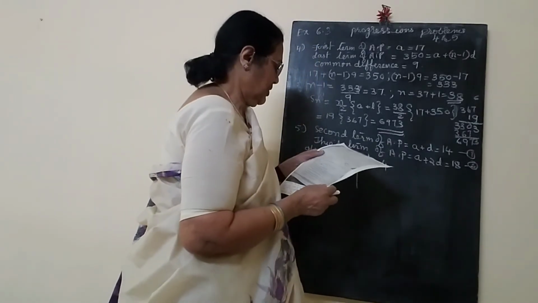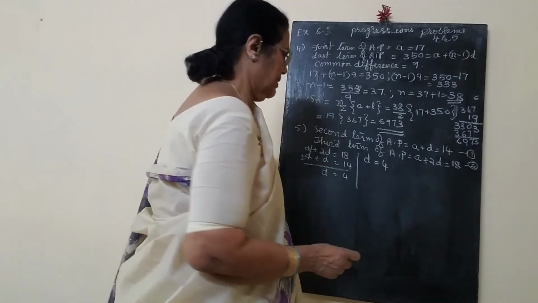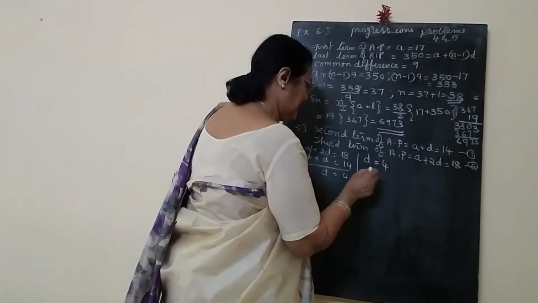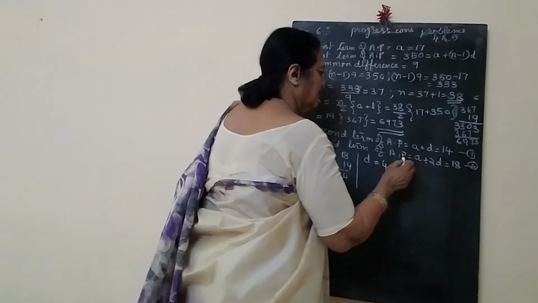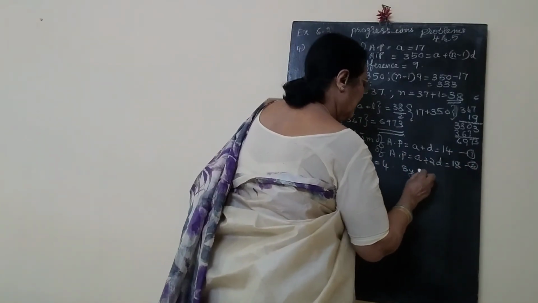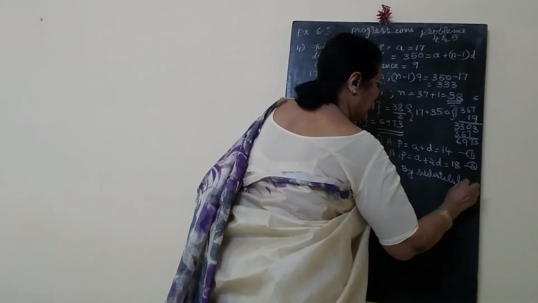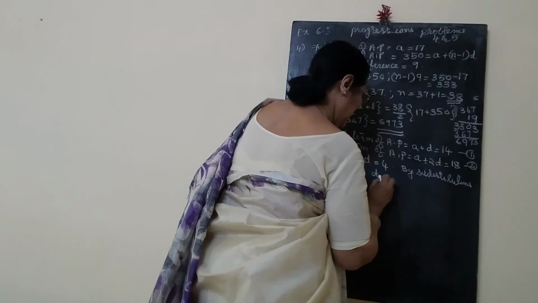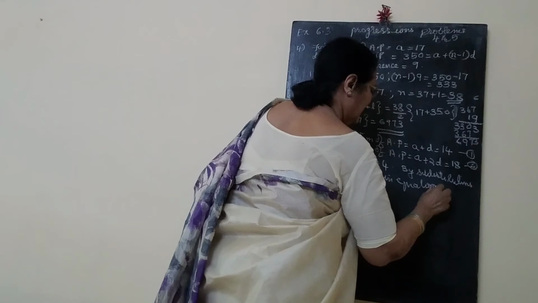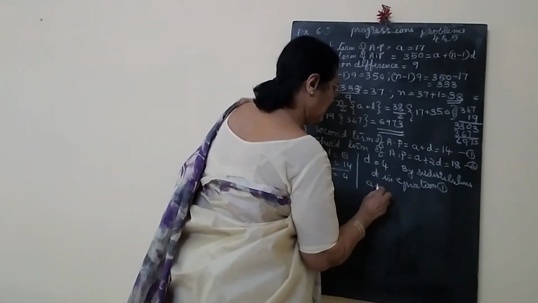Now you got the D value, D is 4. And he asked us to find the sum of 51 terms. So for S51, you should know A also. By substituting D in the first equation, A plus 4 is equal to 14.